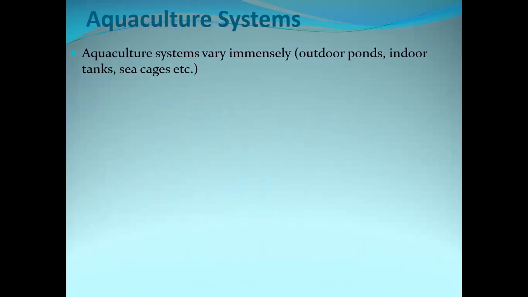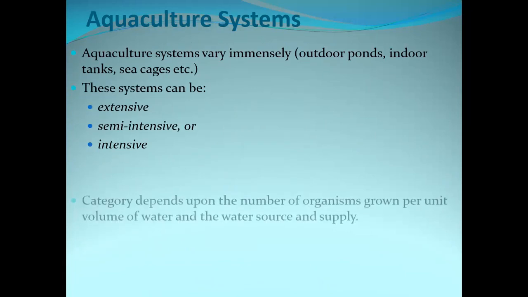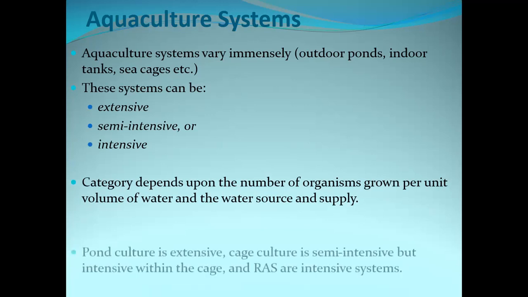They range from outdoor ponds to indoor tanks, sea cages, etc. These systems can be extensive, semi-intensive, or intensive, and the category depends upon the number of organisms grown per unit volume of water, as well as the water source and supply.